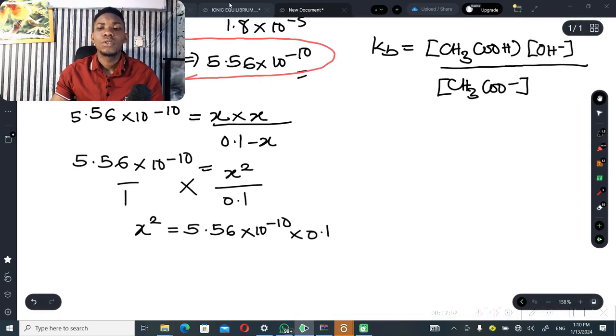So at the end of the day, we are going to have X square.